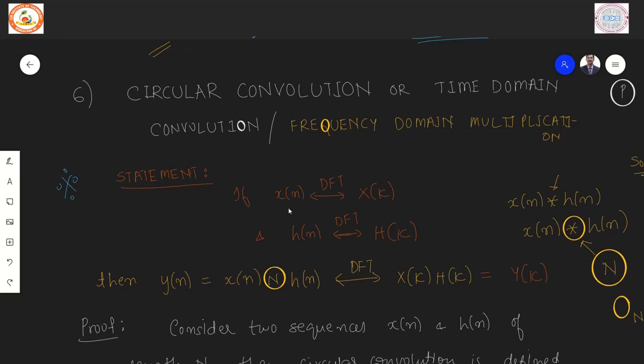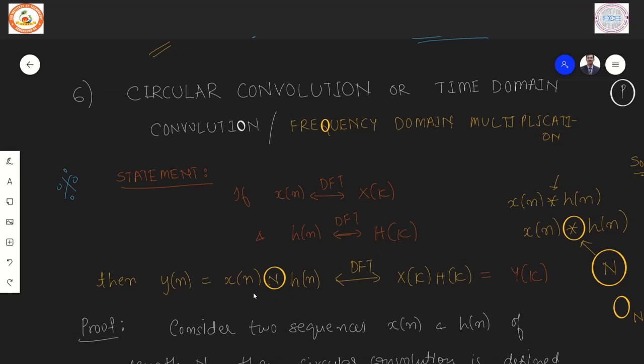We have to consider two sequences, let's say x of n and h of n. Alternatively, people use x1 of n, x2 of n, that's also fine. Here we have taken x of n and h of n. The respective DFTs are called x of k and h of k.